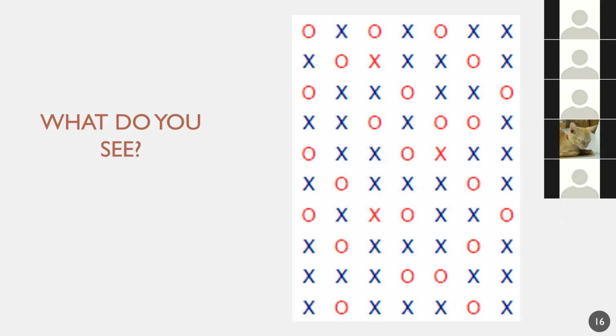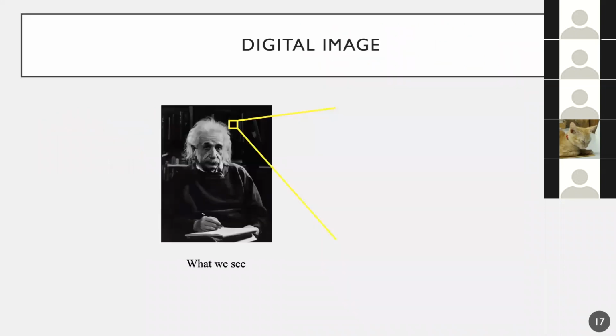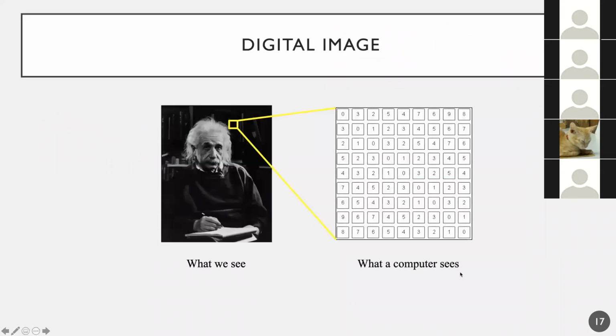Okay, all right. So what does a computer actually see? Each pixel represents a number. For example, this one is more like a grayscale image.